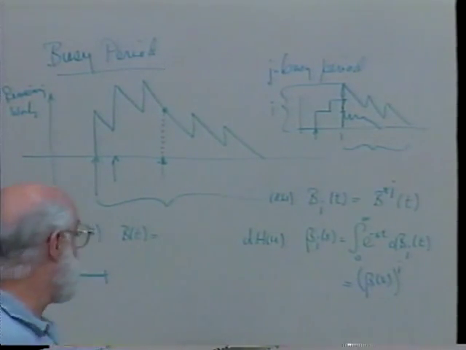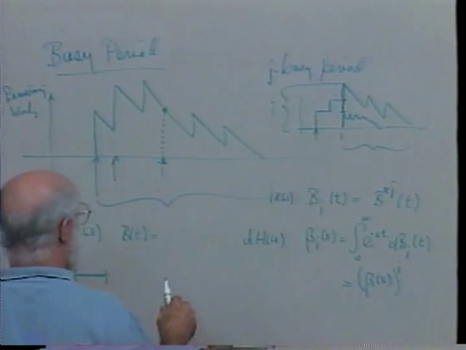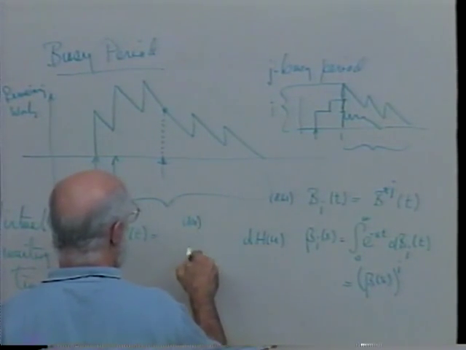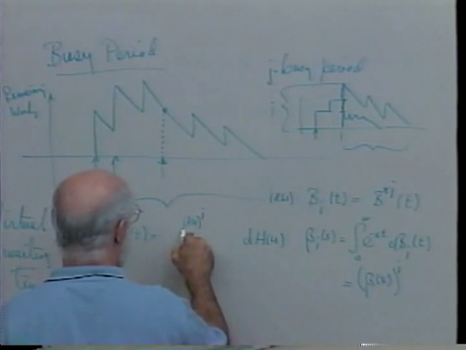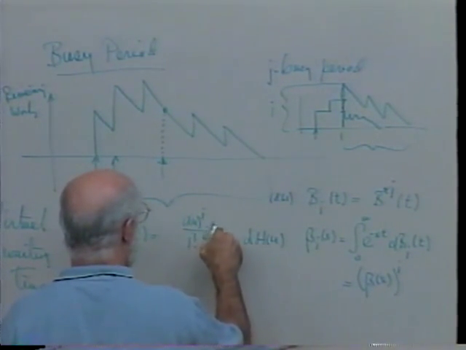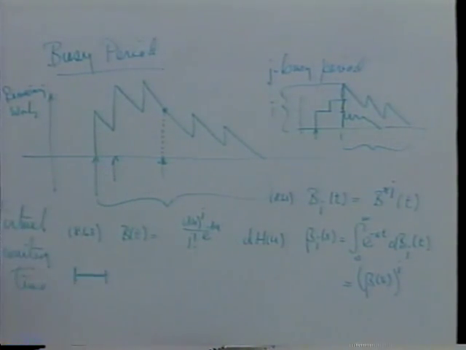Now if it lasts exactly u, then there's a probability lambda u to the j over j factorial e to the minus lambda u that exactly j customers arrive during that time.